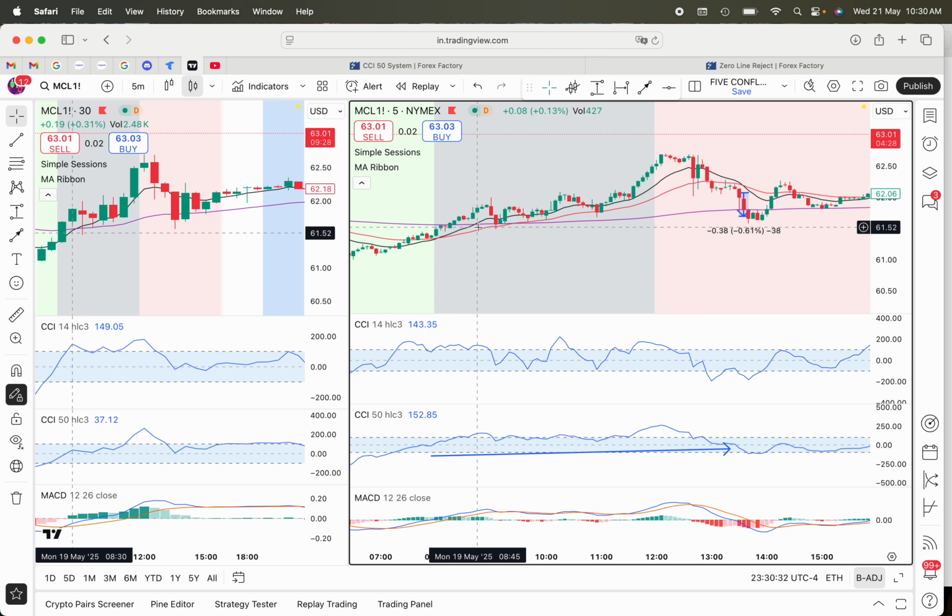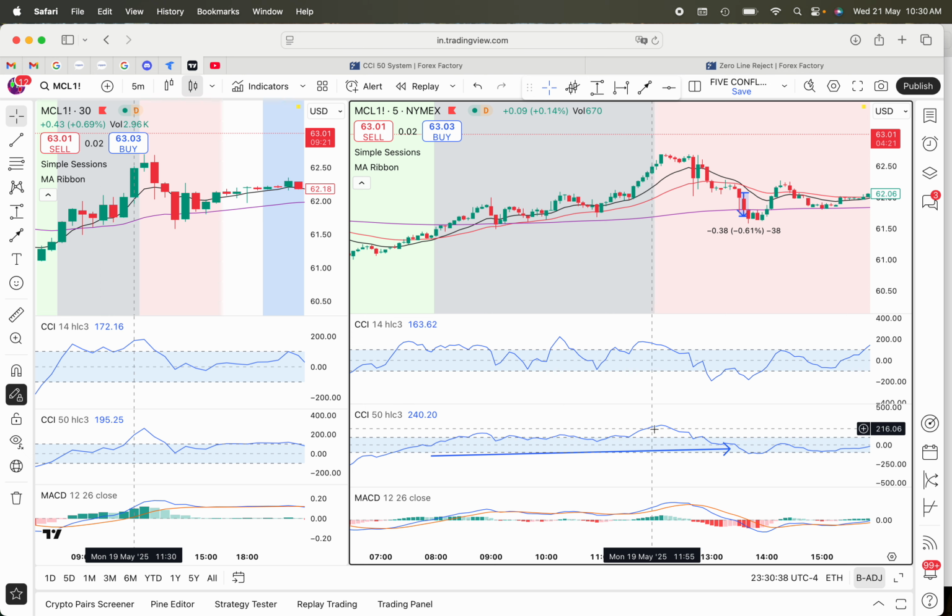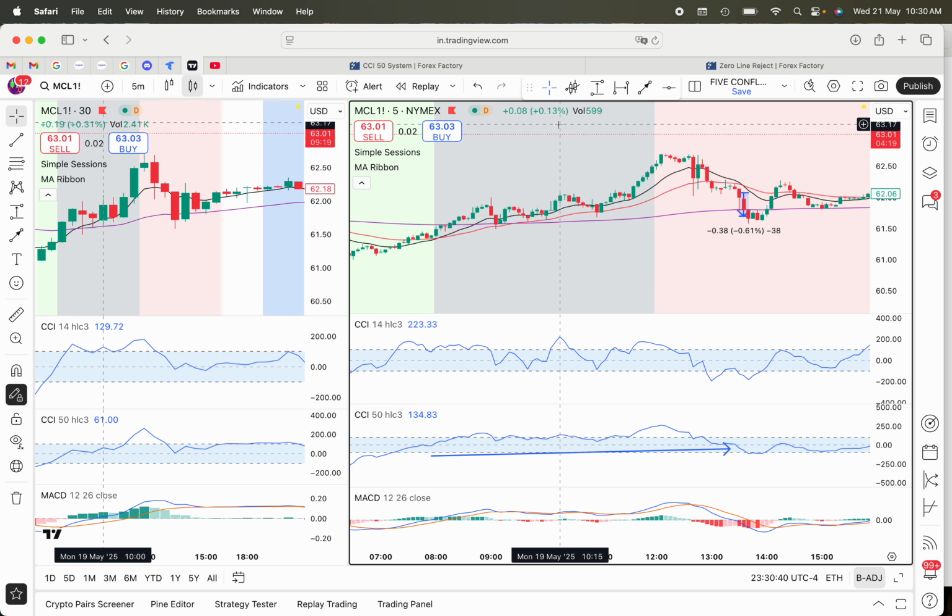I think the safest way to trade this, when the 50 is above or below the 0 for a long time, is to try and take the breakouts when this 14 is above 0 and then breaking out through the 100, which would have been there. They're going to be short scalps.